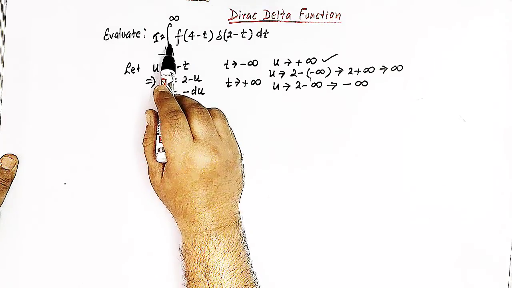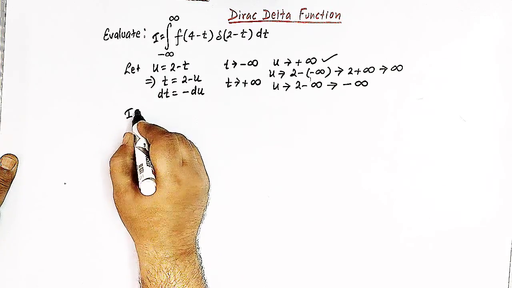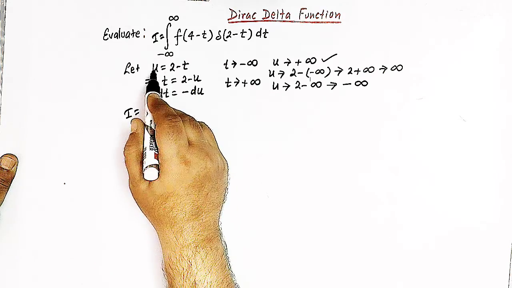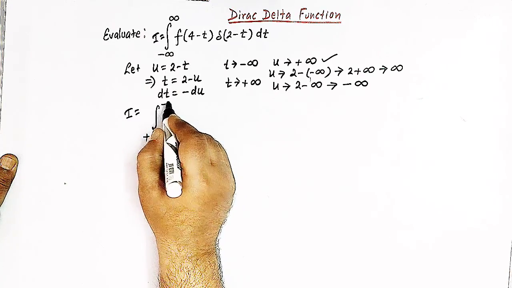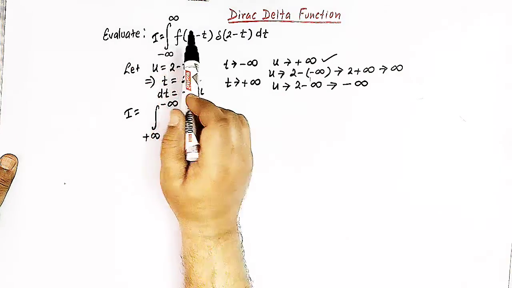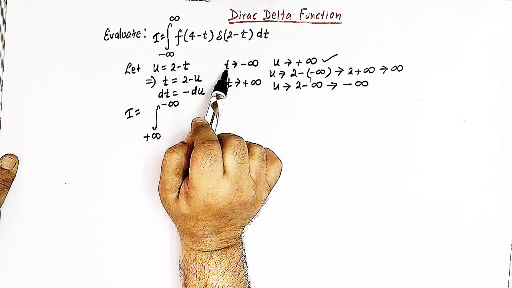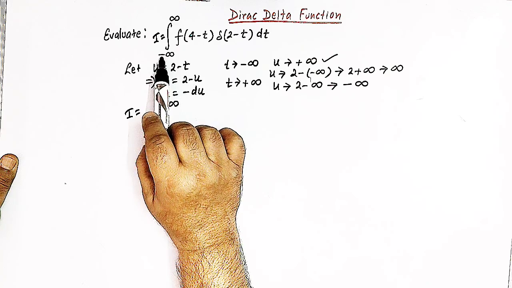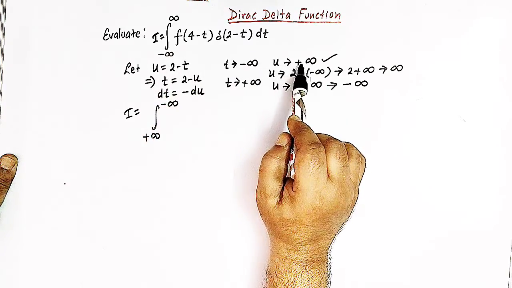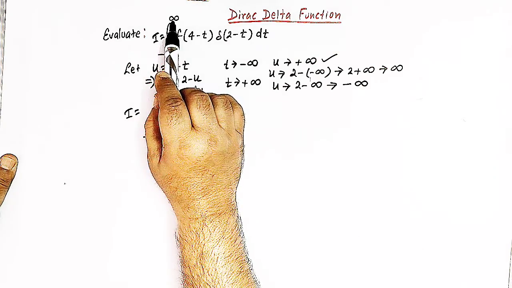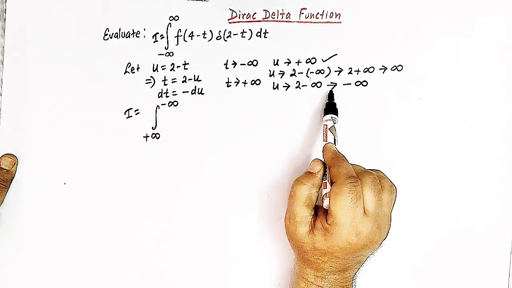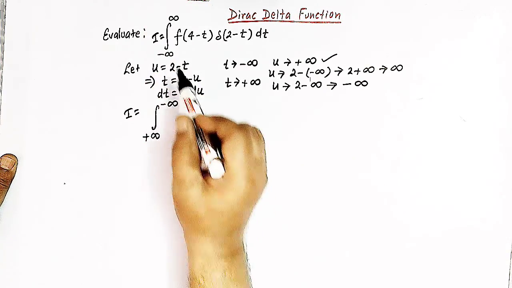So now this integral I can be transformed in terms of u as positive infinity to minus infinity, because when t tends towards minus infinity, u tends to infinity, and when t tends to positive infinity, u tends to negative infinity, right?